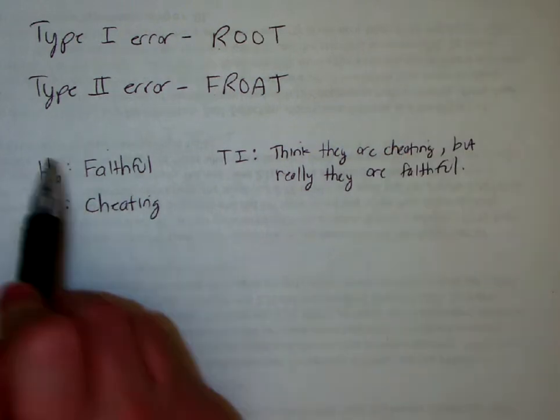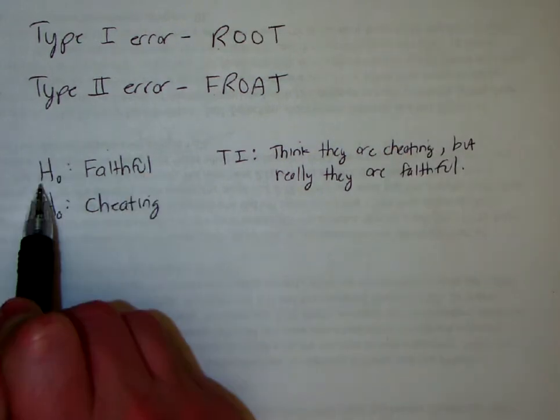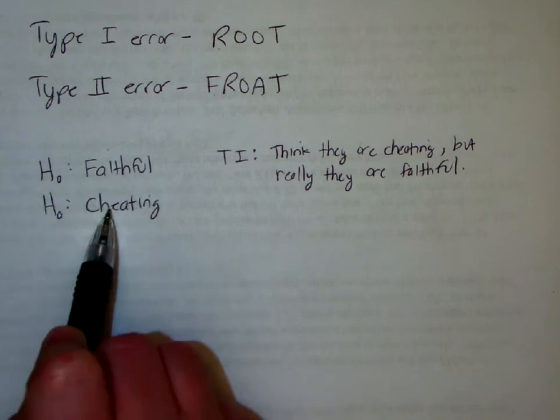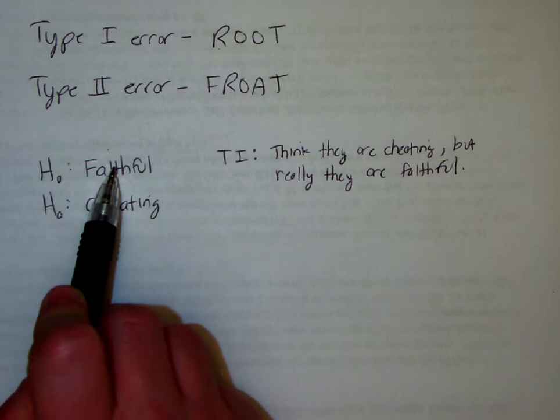Okay, so you're rejecting H0. You think they're cheating when in fact they're not. H0 is true, where they are faithful.